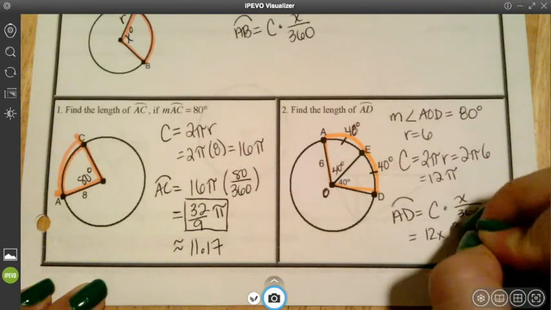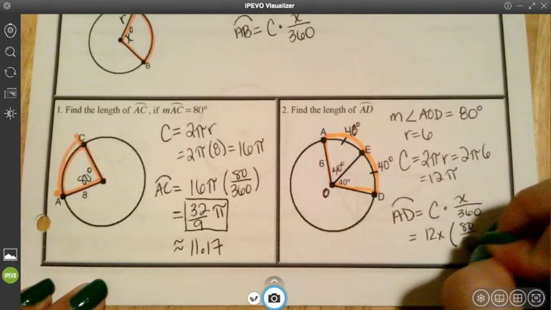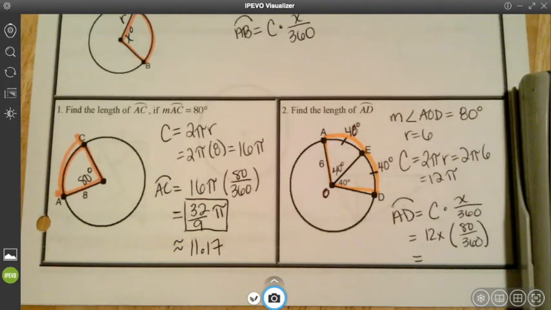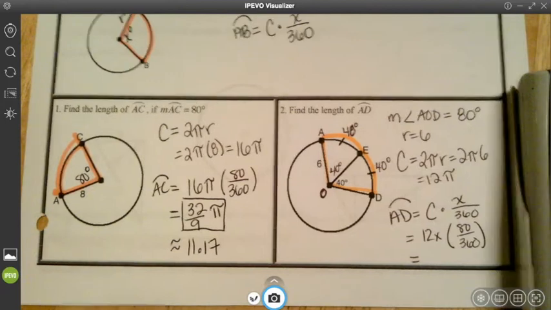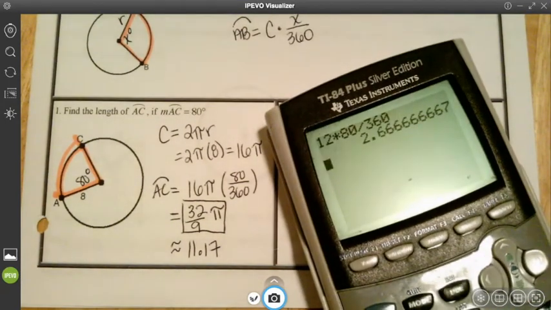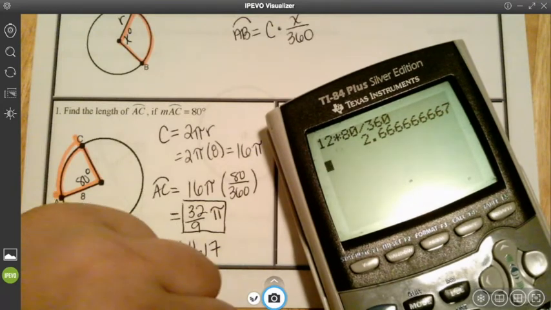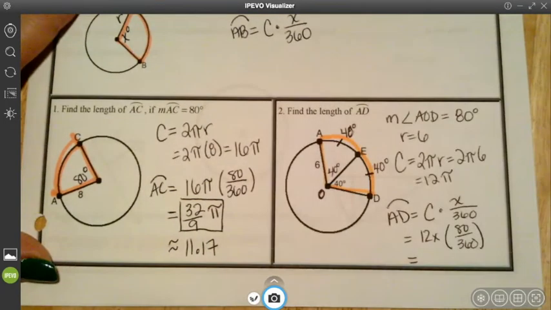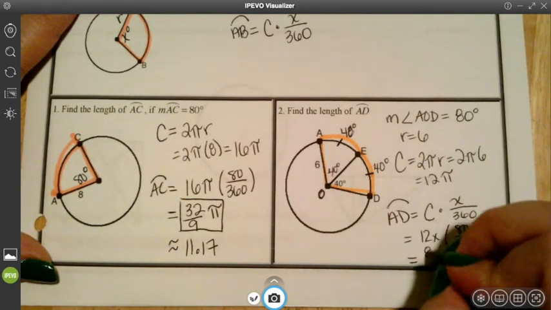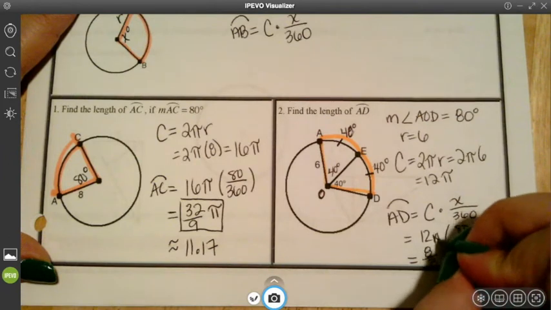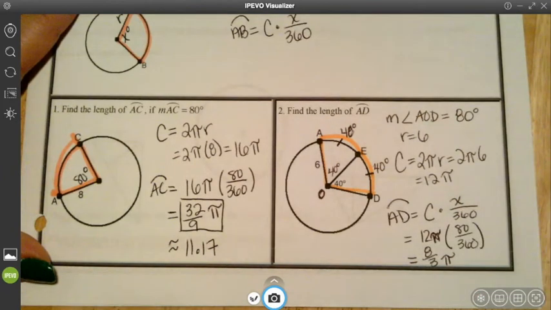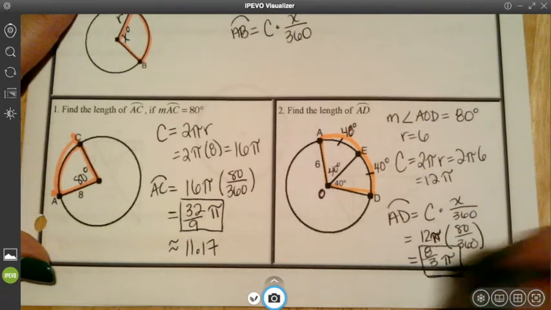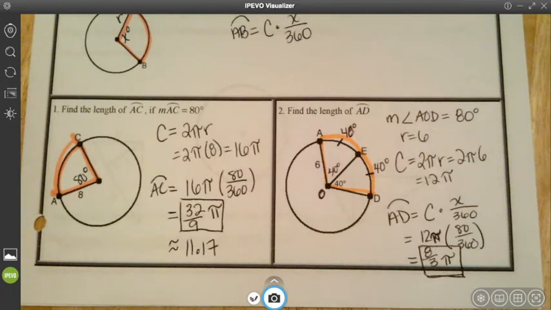That's 12 pi times 80 out of 360. 12 times 80 out of 360 gives us 2.666, which is why we want to look at it as a fraction, and that is 8/3. So that is 8/3 pi. I drew an x instead of a pi. 8/3 pi. Again, only round if you absolutely have to, and always check for units. We haven't had any units in the last couple problems.